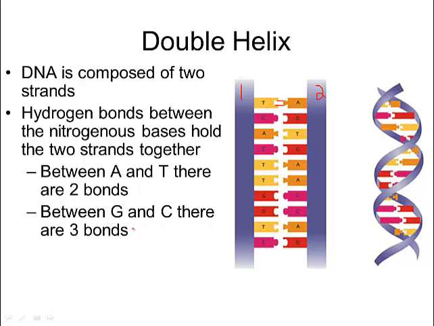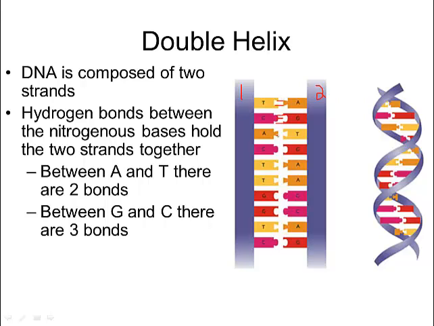And then between the guanine and cytosine, there are three bonds that are holding them together. And it's those chemical bonds that keep that molecule stable inside of your cells. And it's only when the molecule is going to replicate or to make some RNA that those bonds can be broken, and then we can open up the molecule and we can use it.